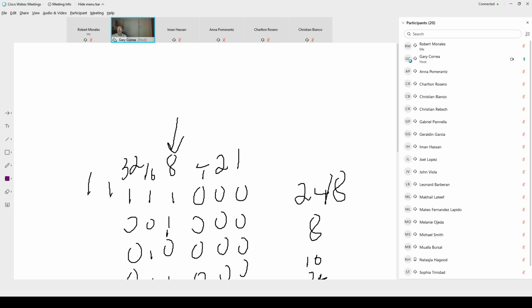Now remember, I can't use 8. Why can't I use 8? I can't use 16. Why can't I use 16? Because those are the subnets. I also can't use 7. Why can't I use 7? Because that's the broadcast address. But I can use 6, 5, 4. I can't use 16, but I can use 17, 18, 19, and 20. I can't use 24.